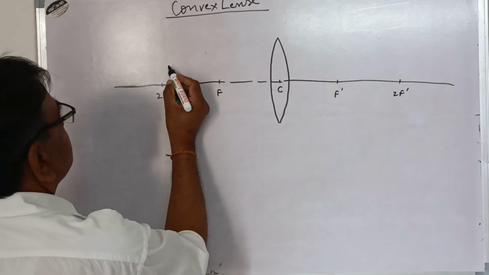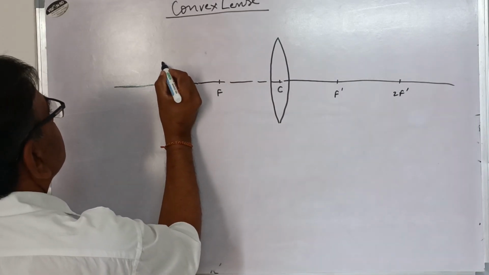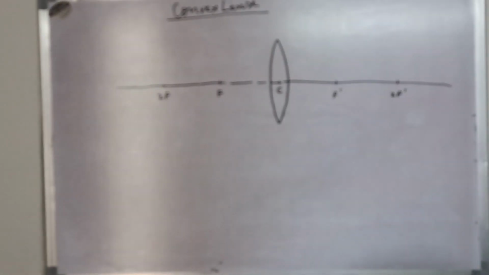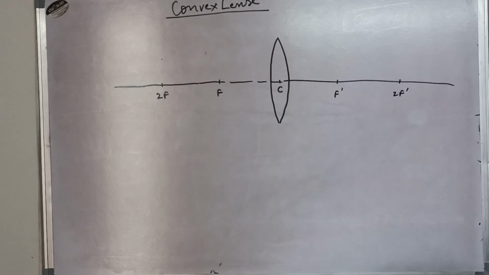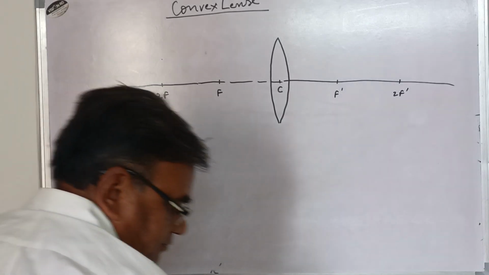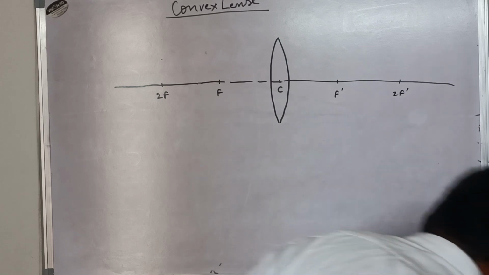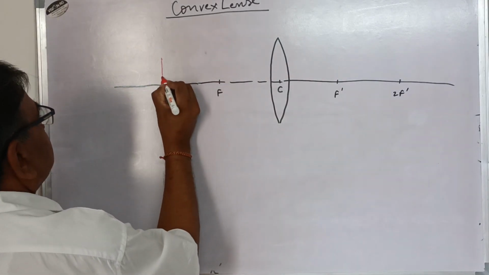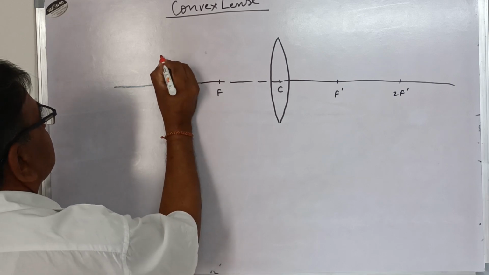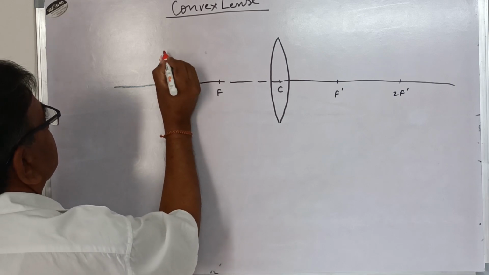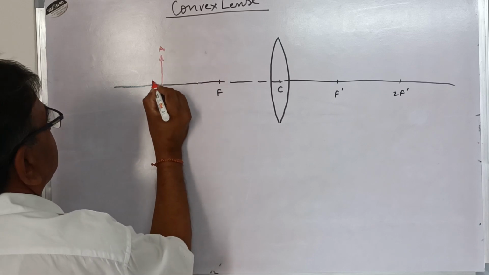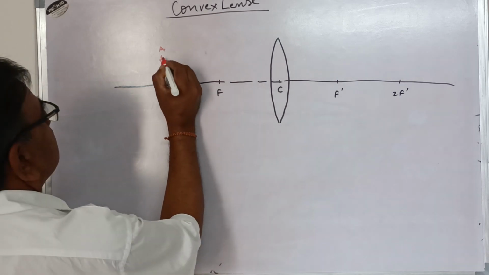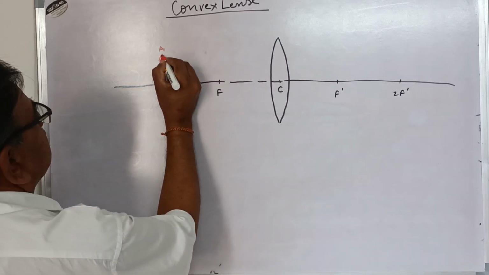So let us draw the configuration of rays. Let us use different color. When we put an object here, let it be A and B. So apply the formula for incident ray and refracted ray.